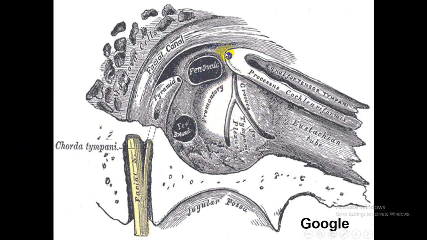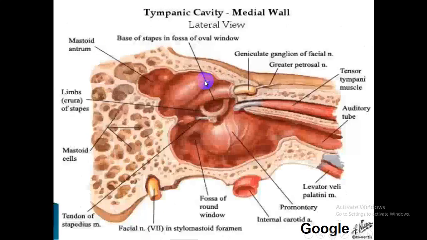Above the promontory is the oval window. This is the oval window، واسمه الثاني هو عبارة عن fenestra vestibuli. This oval window is closed by the base of stapes. مثل ما نلاحظ هوني this is stapes, this is the base of stapes، راح يسد لي oval window أو اللي سميتوها fenestra vestibuli. انتبهوا عليه حتى لا تضيعون، oval بها حرف V ولهذا fenestra vestibuli.